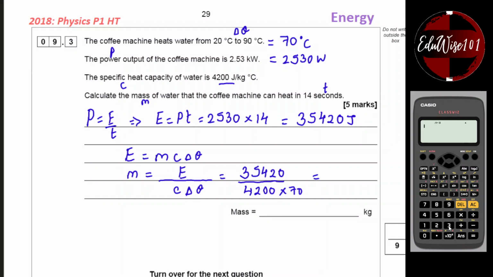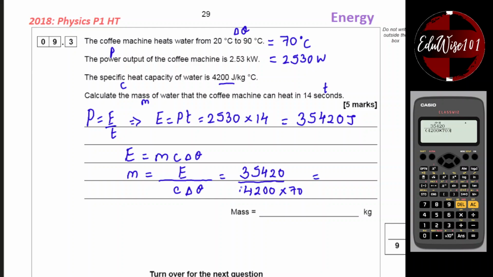So 35,420 divided by, actually let's try it the other way around. Open brackets, 4,200 multiplied that by 70, close brackets. I've used the calculator to input the numbers exactly the way I've written it down.